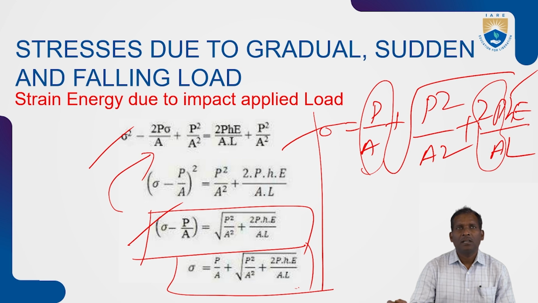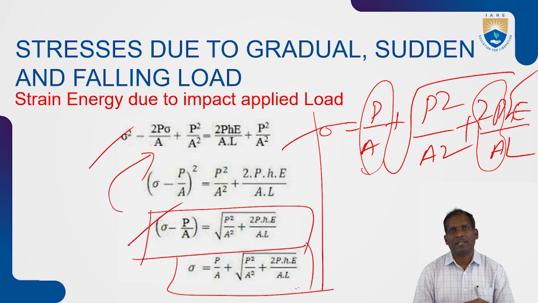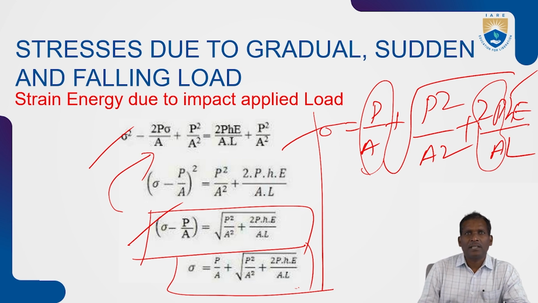Why? Because the load is released from height H, that is impact. So due to this impact load, how much the body deformed, that is the X. The total deformation H plus X we have taken here. So that the strain energy needs to be calculated like this.